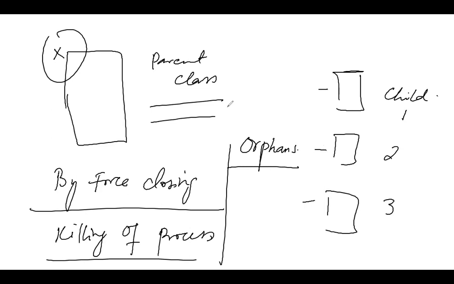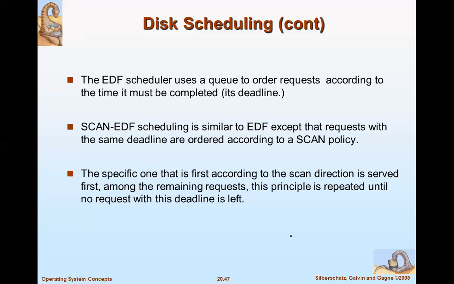So the priority may vary from system to system based on this technique. The specific one that is first according to the scan direction is served first. Among the remaining requests, this principle is repeated until no request with this deadline is left.